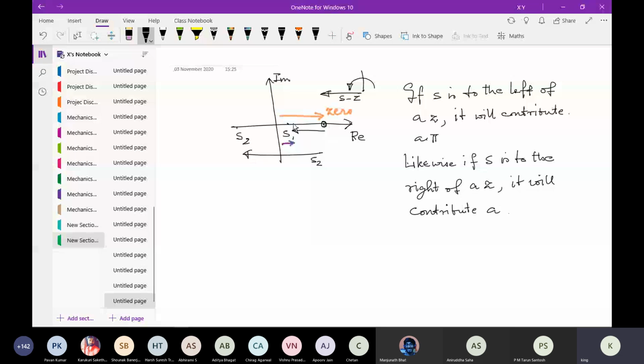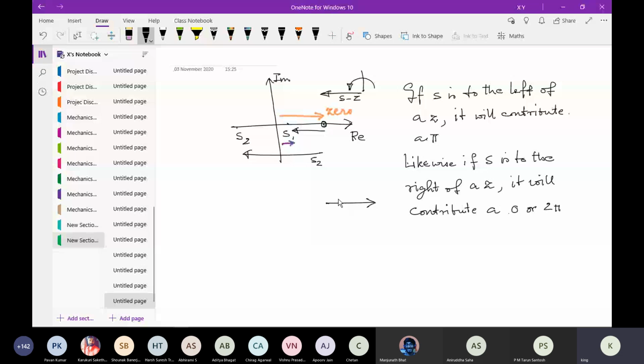So if it is lying to the left, then that S minus Z is going to be 180 degrees. If it is lying to the right, then it will effectively contribute a 0 or 2 pi, because in that case this is the angle.